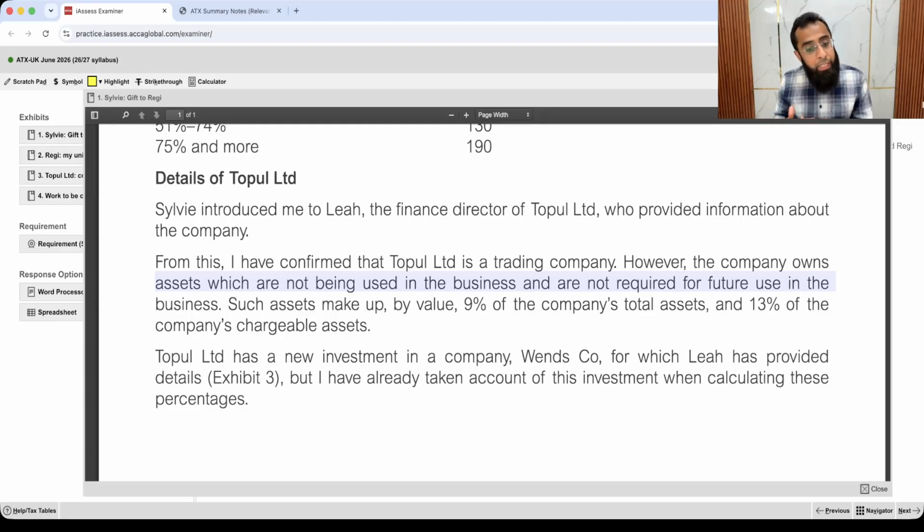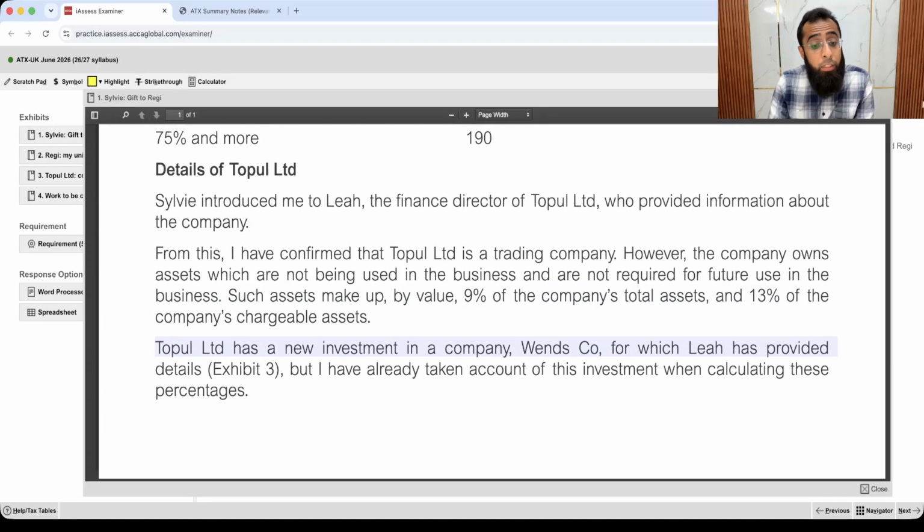On non-business assets, we don't get business property relief or gift holdover relief. Such assets make up 9% of the company's total assets and 13% of the company's chargeable assets.